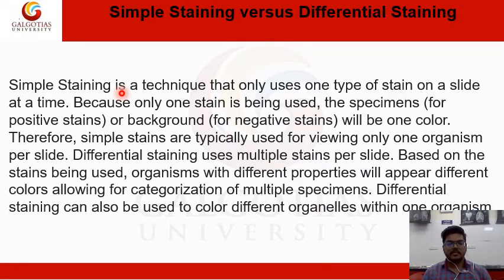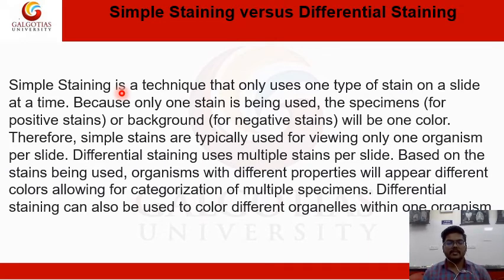Differential staining uses multiple stains per slide, meaning we are using more than one stain per slide. For example, for a peripheral smear slide, we use only one type of stain, that is Leishman stain, which is a type of simple staining.